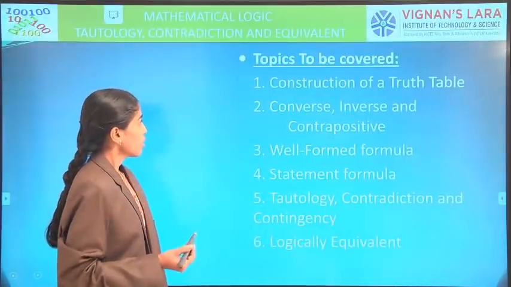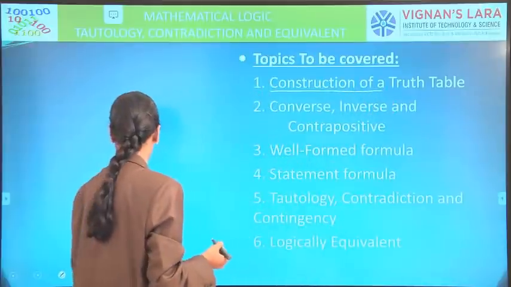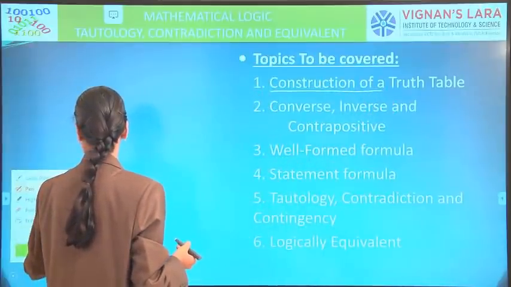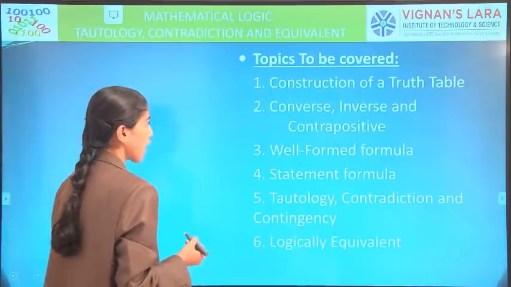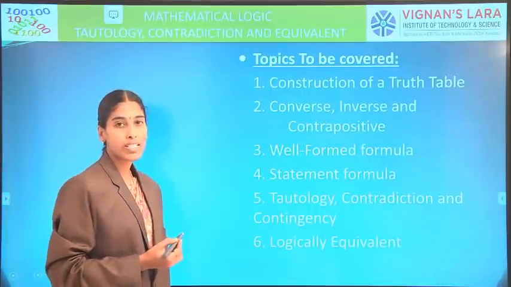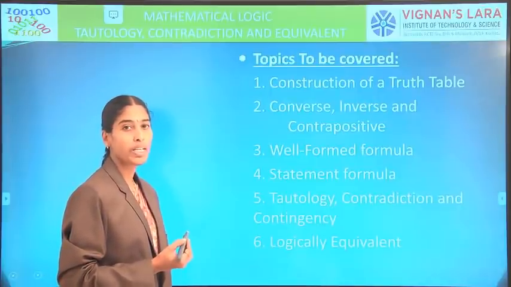So we start with construction of truth table. Already in the previous class we discussed how to construct a truth table, how many columns are there and how many rows are there.